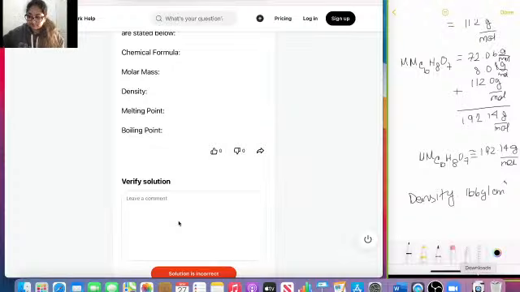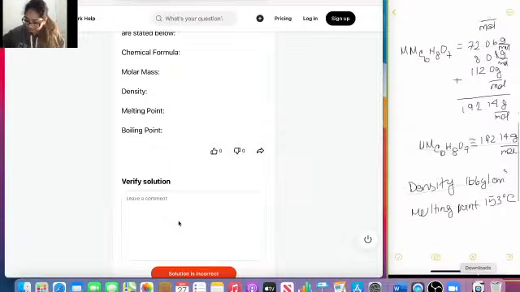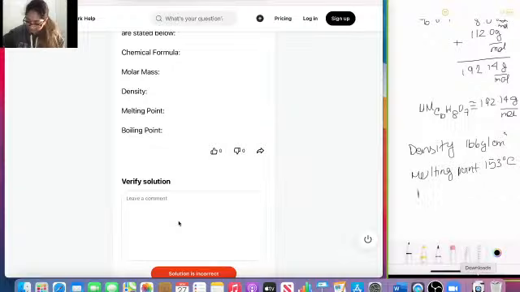And the melting point, it has a really high melting point, since it's a pretty big carbon chain. So 153, it has a pretty high melting point and boiling point also.